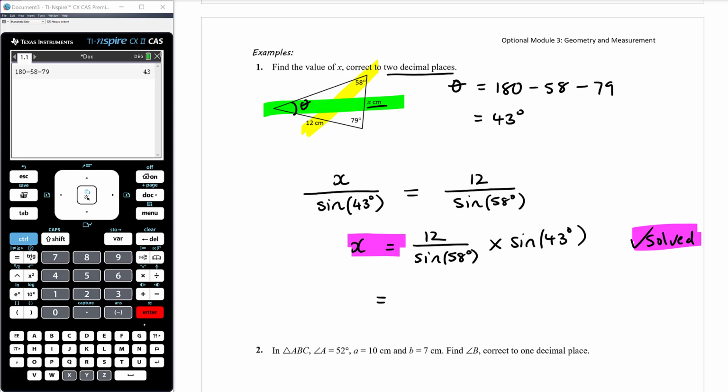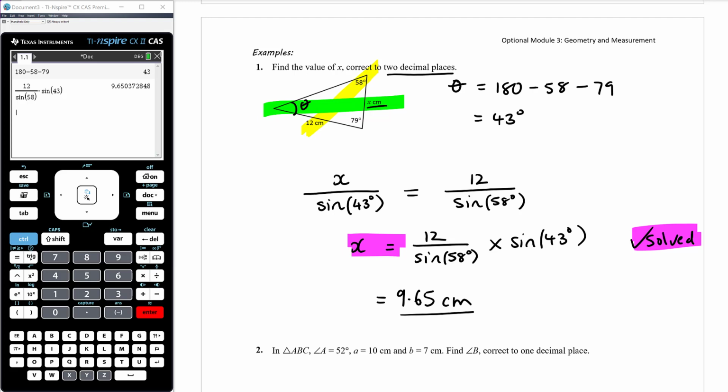Okay, so no need to solve, control divide, 12 divided by sine of 58, making sure you're in degree mode, which I am, and then multiplying that by sine of 43. Control enter to get it as a decimal. To 2 decimal places, x is 9.65 and x is a length and it's in centimetres.